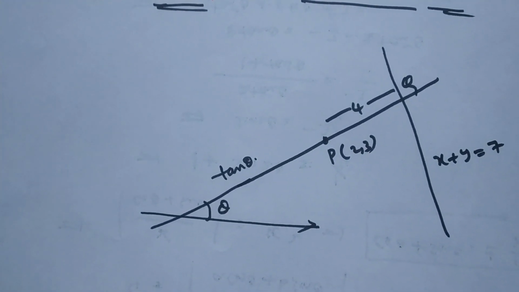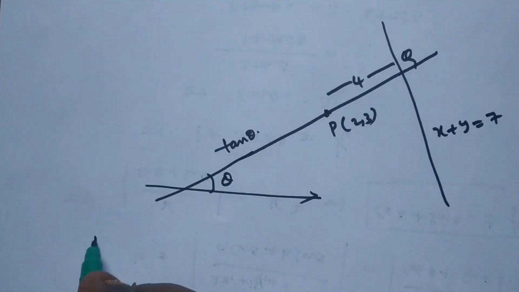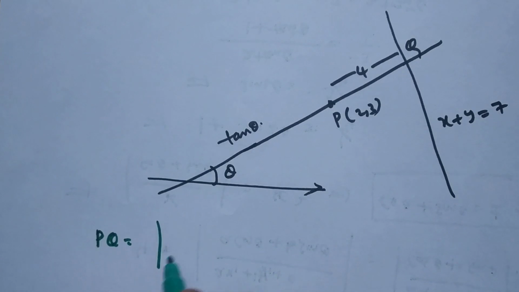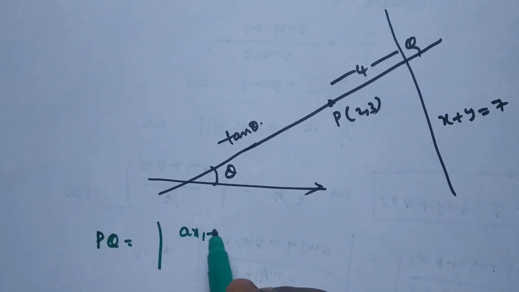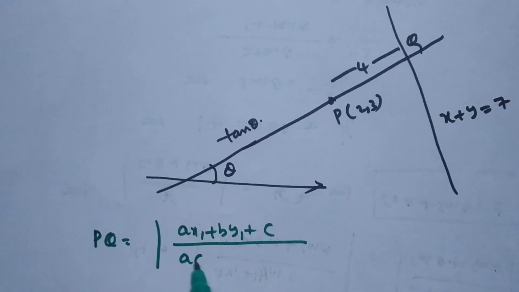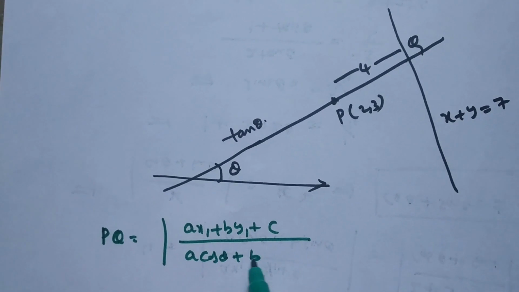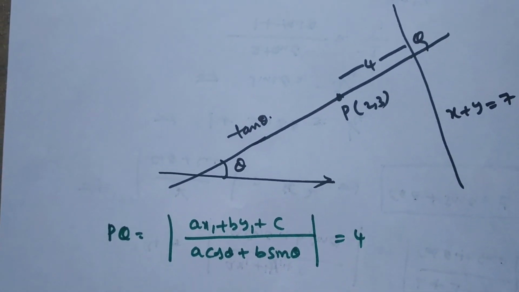Now the distance from here to here, PQ, you have the formula when theta is the inclination: modulus of (ax1 plus by1 plus c) by (a cos theta plus b sin theta), that is given to you as 4.